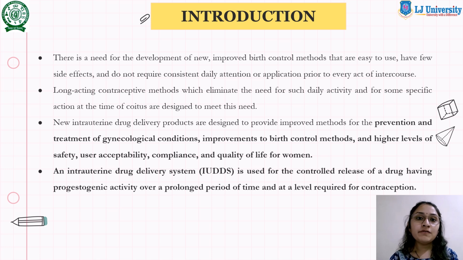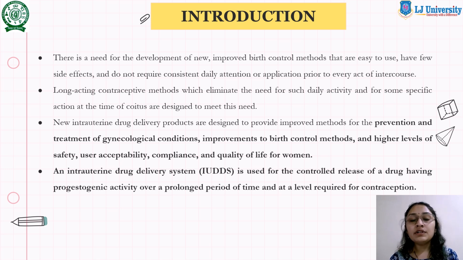Students, before diving into the topic of drug delivery system, you should know about the uterus. The anatomy of the uterus I have not included in this video, but we will have a quick revision. You have already studied the anatomy of the uterus and you already know that this organ is present in the female.